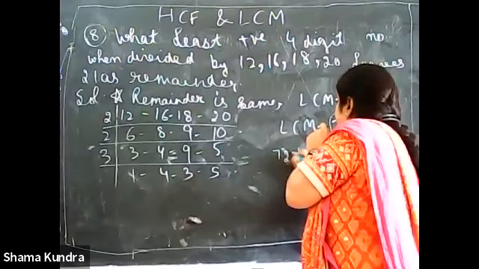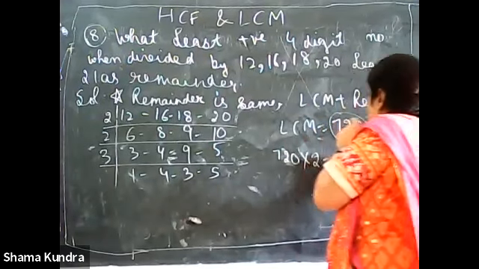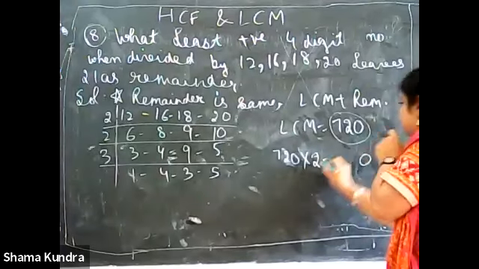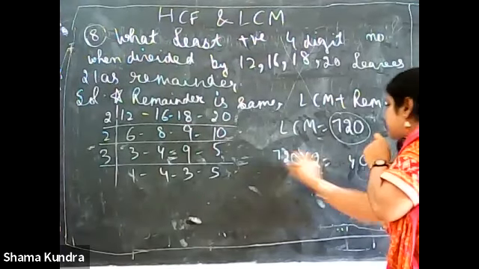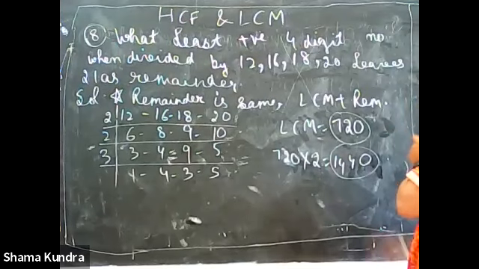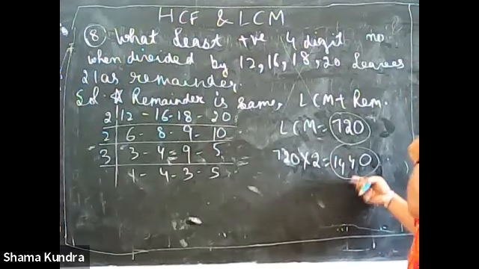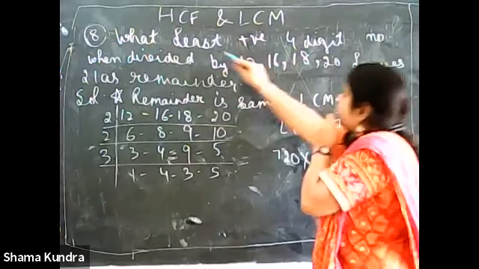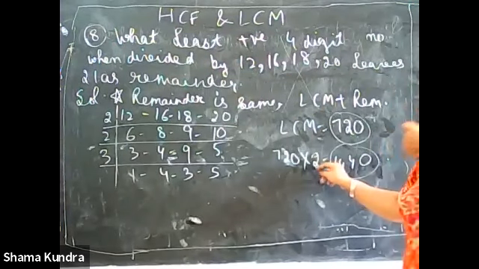Now if I multiply 720 with 2, I get 1440. This is a positive 4-digit number. As he said least, I can't multiply it with 3.